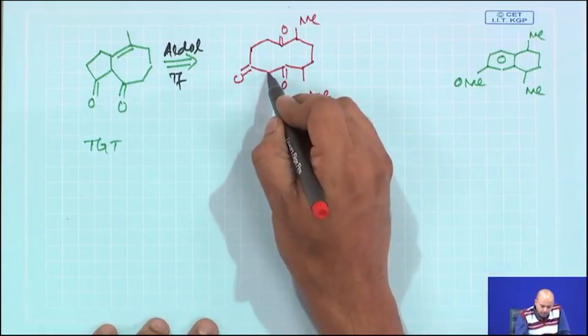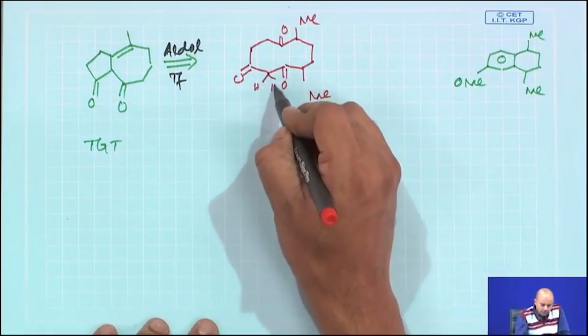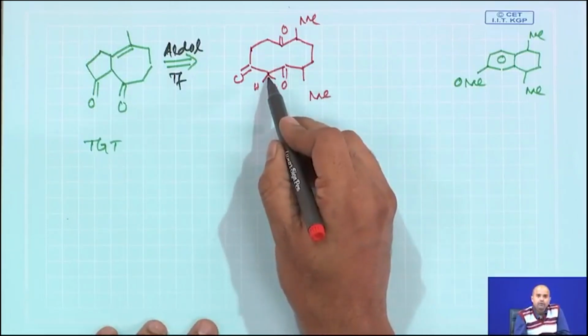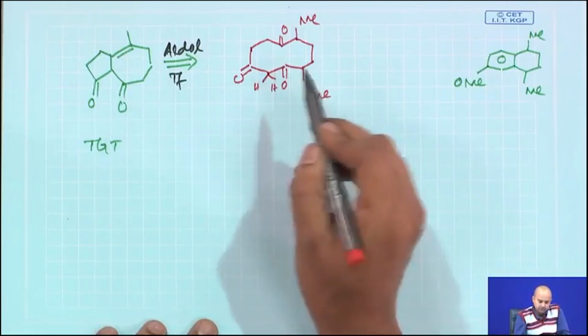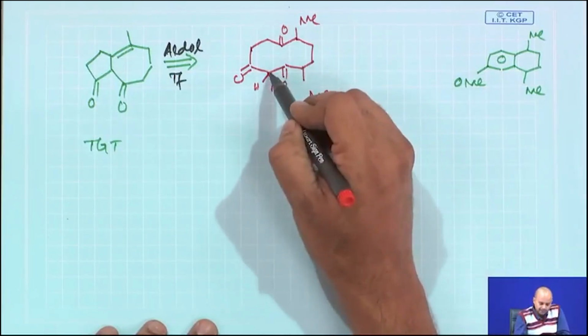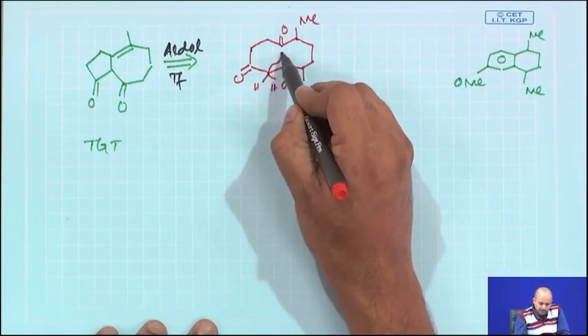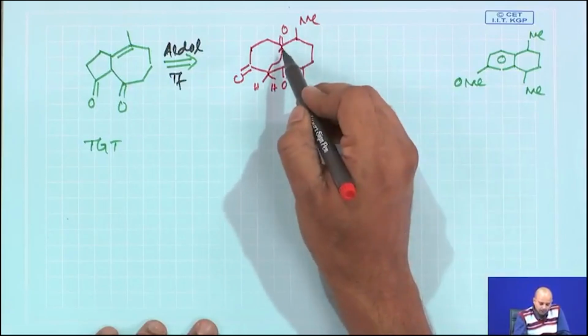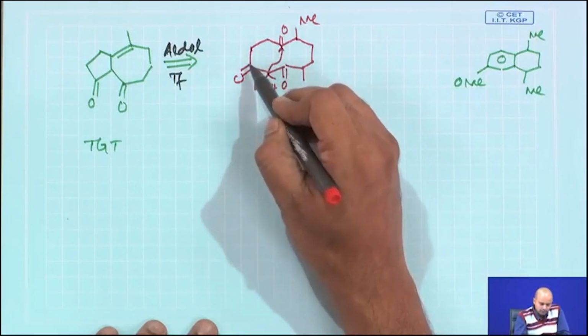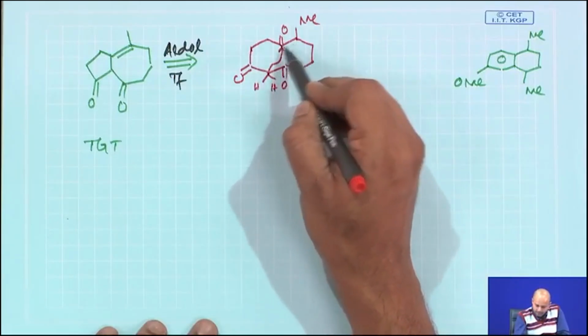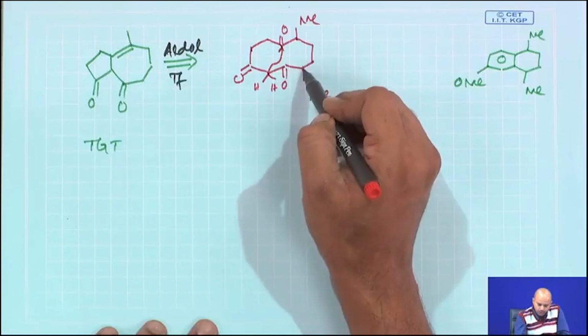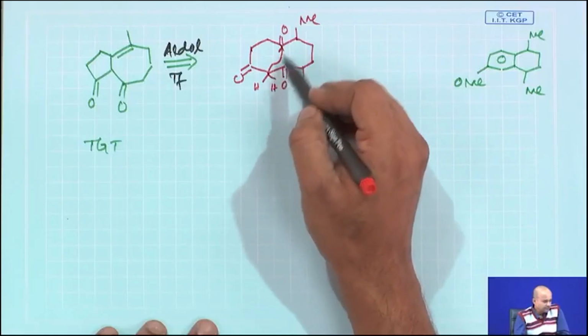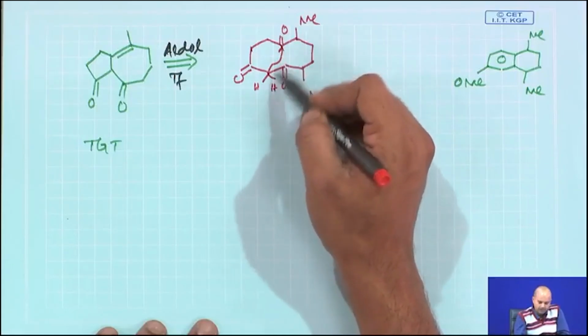It is basically a 1,3-dicarbonyl compound. So, you might expect that this hydrogen is much more kinetically acidic. Immediately it will be picked up and then this will attack this carbon, and now this ring is 1, 2, 3, 4, 5, and the right-hand side ring will be 1, 2, 3, 4, 5, 6, 7. So, this is the aldol dehydration we are talking about.